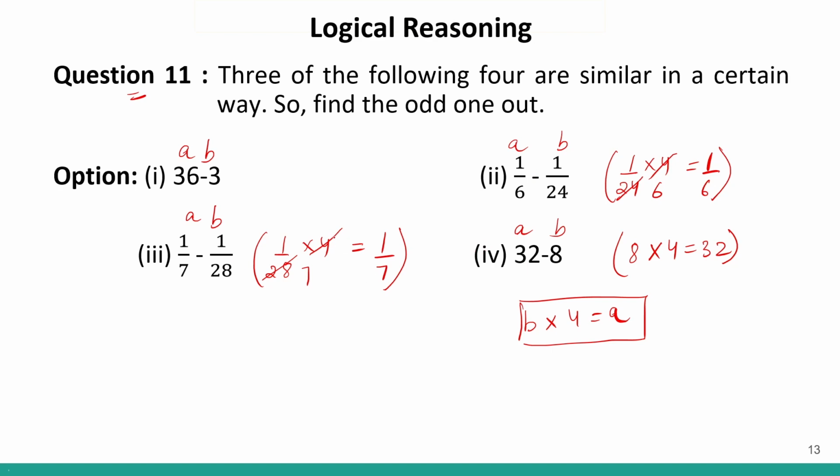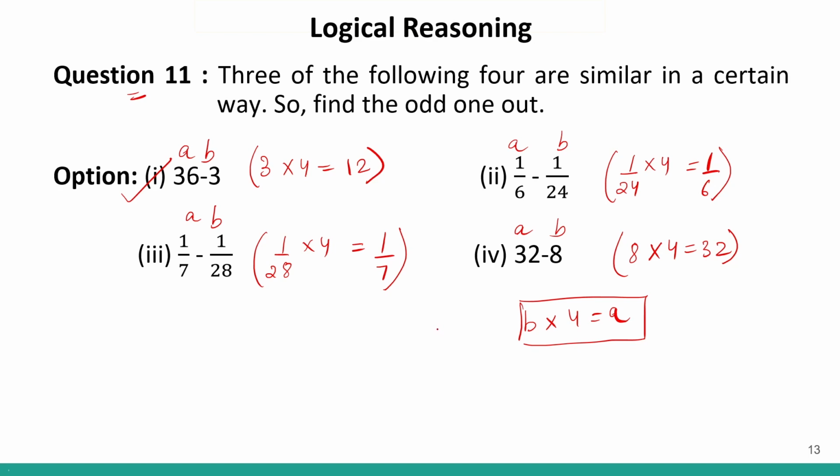I am simply multiplying the second letter B with 4 to get A. But if I do this in option number 1, if I multiply 3 by 4, I'll get 12 and not 36. Therefore, option number 1 is different and it will be the odd one out. So, option number 1 will be the correct answer.